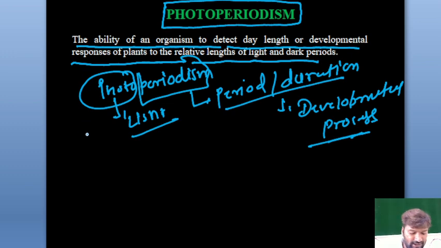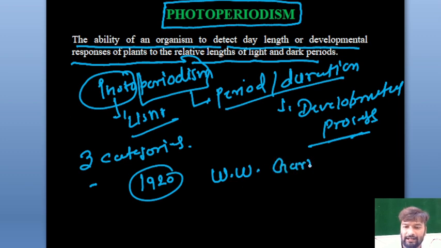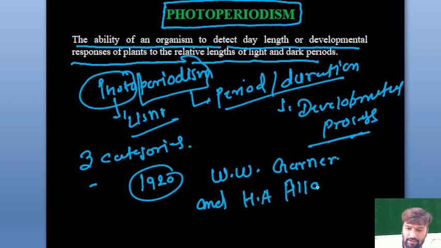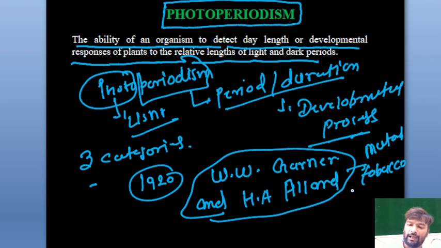Based on this, plants are classified into three categories. In 1920, W. Garner and H. A. Allard discovered the photoperiodism phenomenon in a mutant of tobacco.